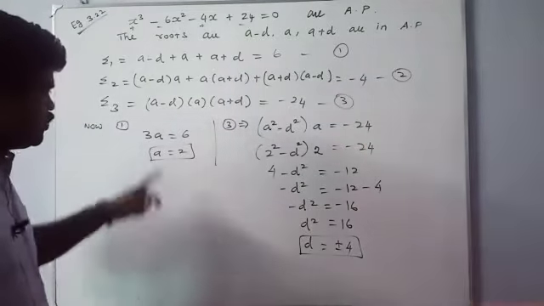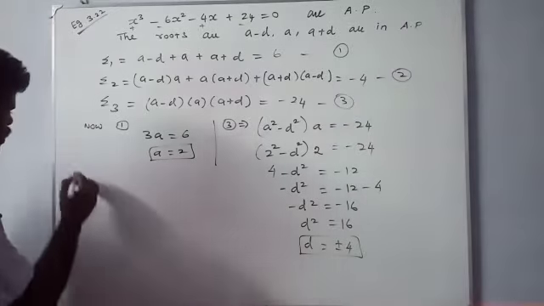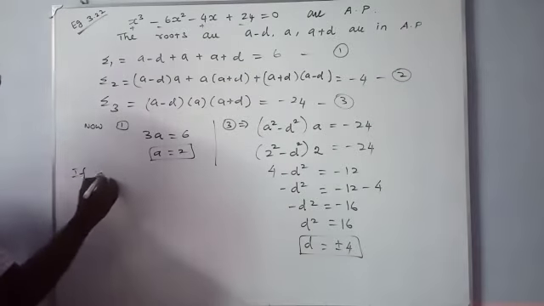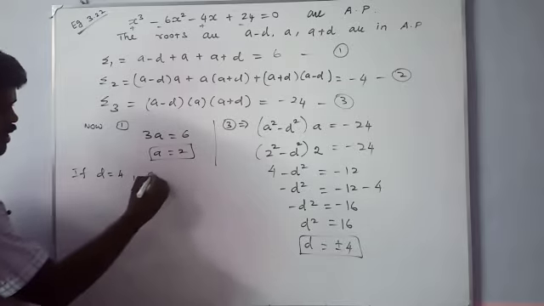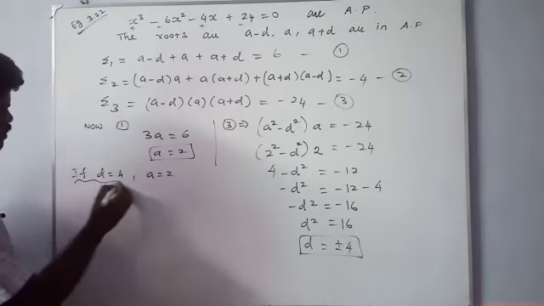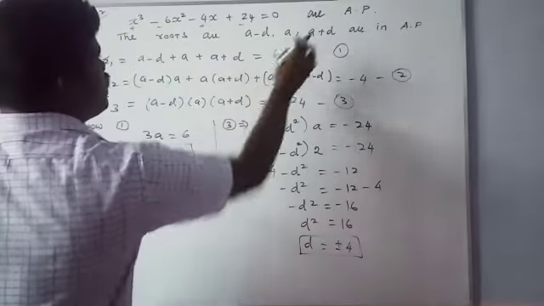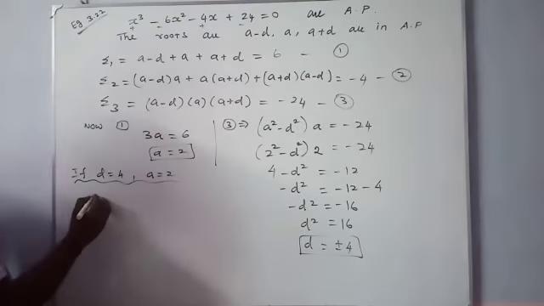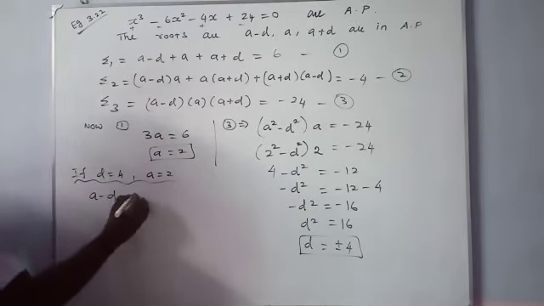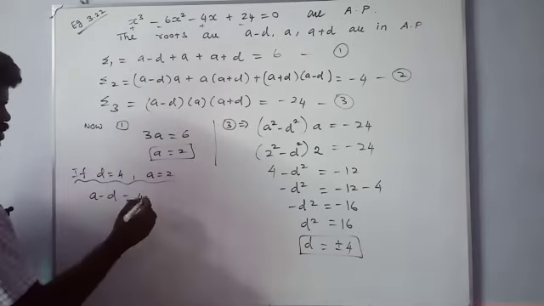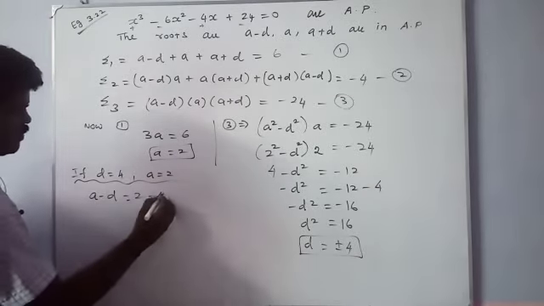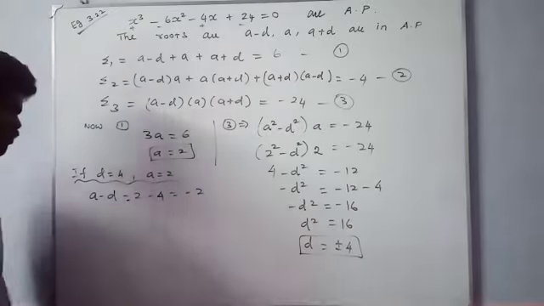We found the values of a and d. If d equal to plus 4, a equal to 2, what are the roots? If d is 4, a is 2, apply these values. A minus d is 2 minus 4, which is equal to minus 2.